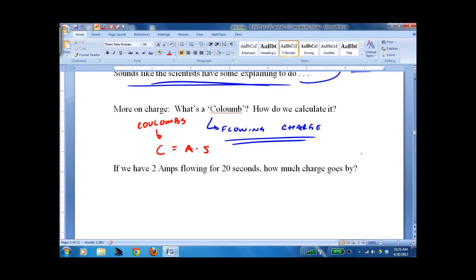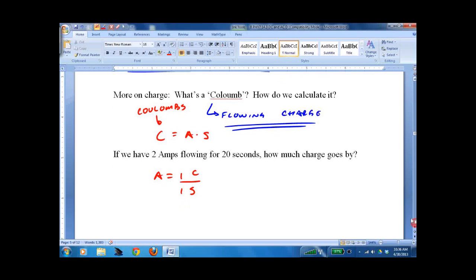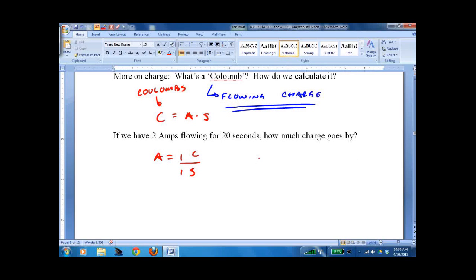An amp is 1 coulomb per 1 second. That's what amps are, flowing through the wire. So if you have 2 amps flowing for 20 seconds, the charge would be 2 amps times 20 seconds equals 40 coulombs. That's it.